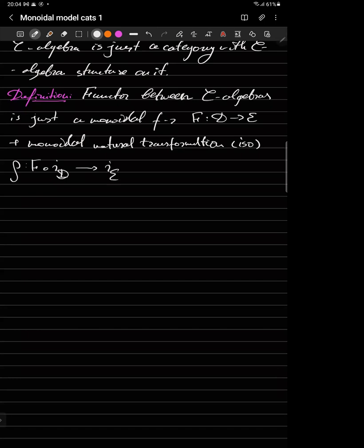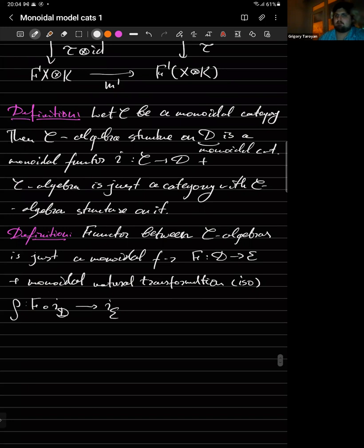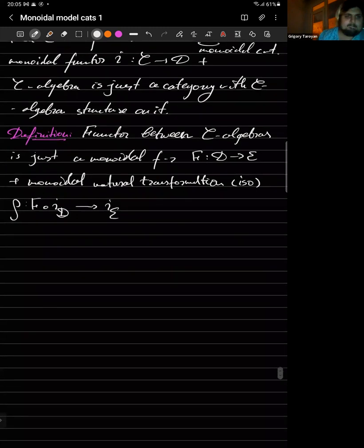A C algebra structure is just a functor, yes? Yes, yes. So a C algebra structure is a monoidal structure on the category D plus the functor. So it's very similar to when you define a usual algebra, you say that it's basically a ring plus a homomorphism of rings from the ground ring to this ring.